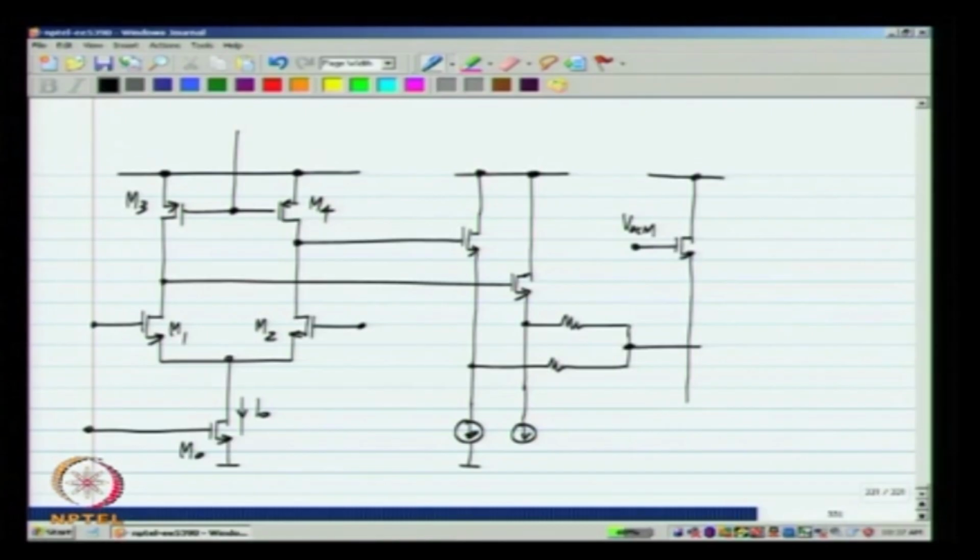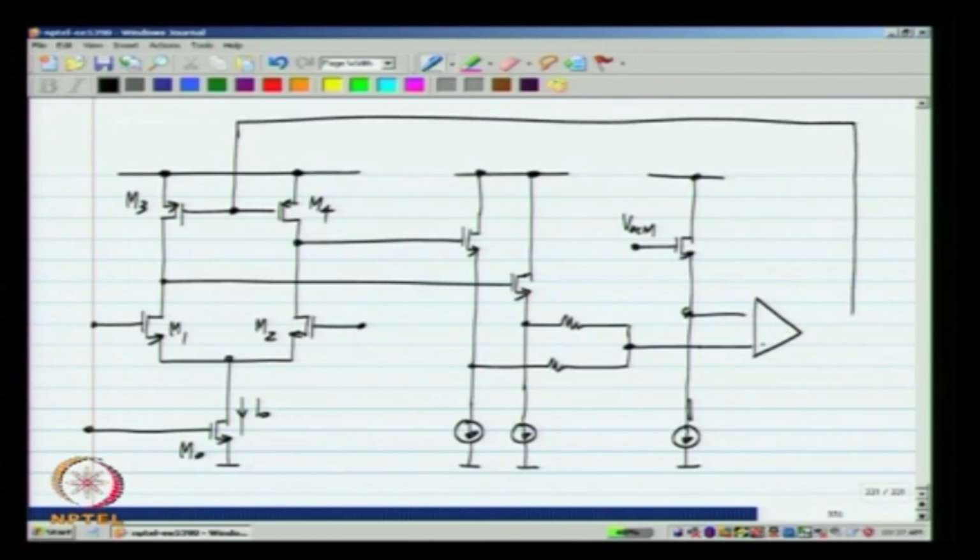I will show these as current sources, but it is understood that you make them using MOS transistors. Okay. So, we compare these two and feed it back there. Okay.